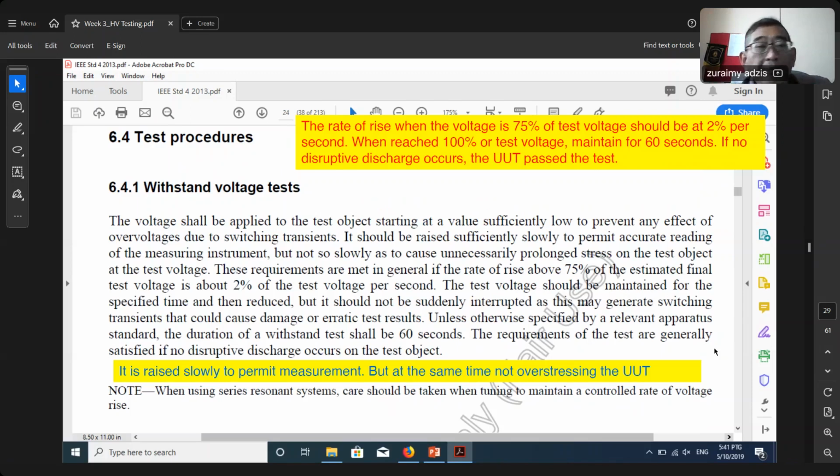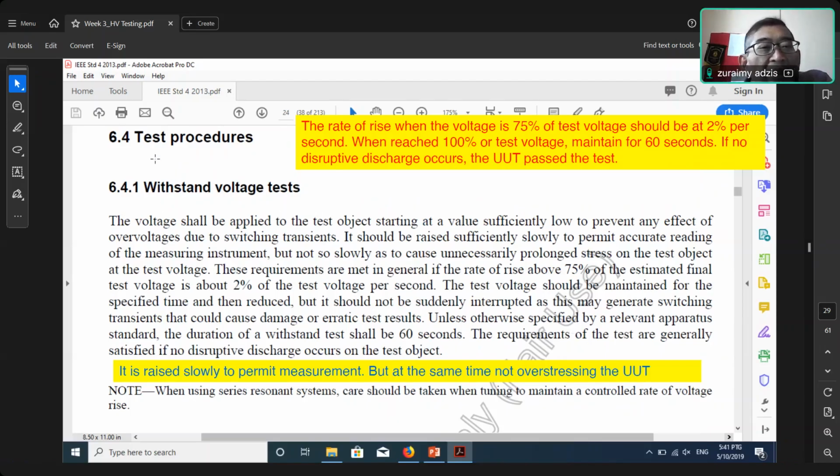This is the part that is different between the three: AC, DC, and impulse. The procedures. Between AC and DC, the procedures for 6.4.1 and 7.4.1, 6.4.2 and 7.4.2 are about the same. Even 6.4.3 and 7.4.3 are about the same.